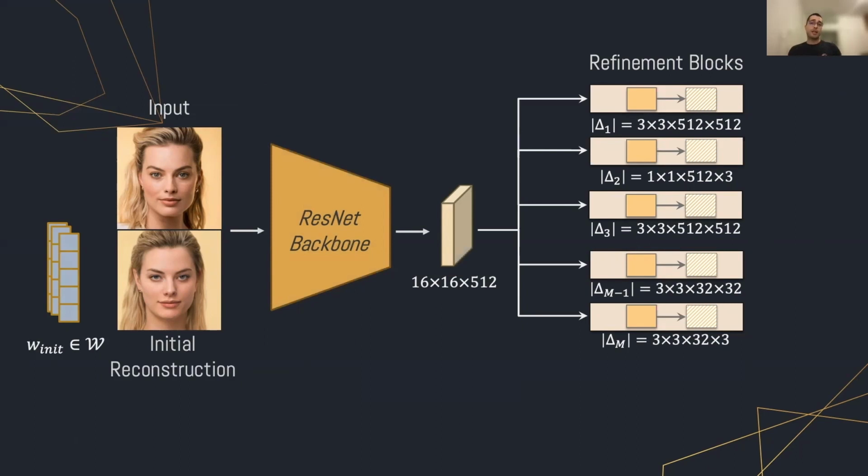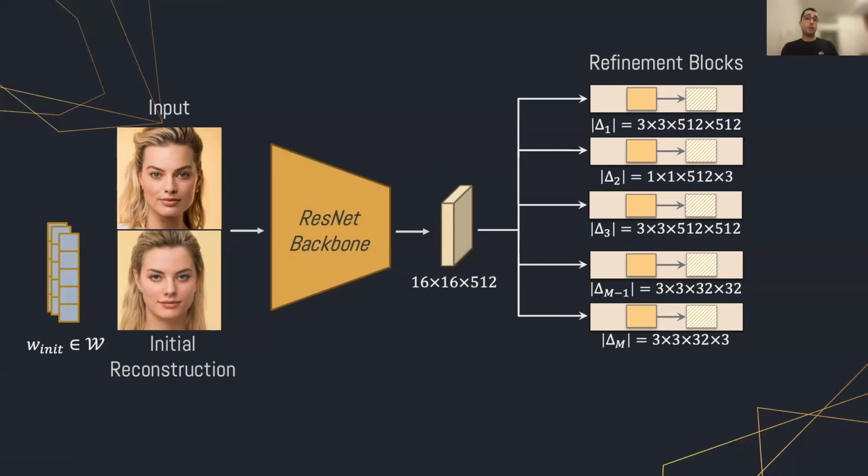Each refinement block is tasked with learning to modify the pre-trained generator weights. For example, in this top refinement block, we have an output of size 3 by 3 by 512 by 512. This means that we have a convolutional layer where the kernels, the filters themselves, are 3 by 3, that's the spatial dimension, each with 512 channels, and we have 512 such filters.